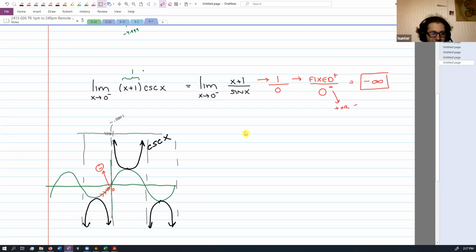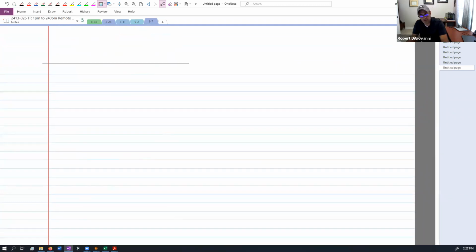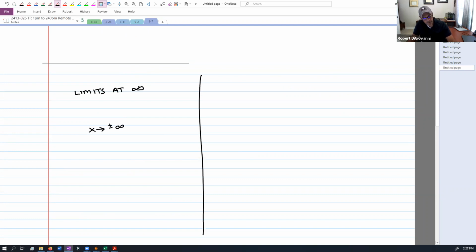Okay, that is it for this section. All right. Now, again, this section had two different parts to it, right? We had limits at infinity, which meant we were doing limits where x was going to either positive or negative infinity.